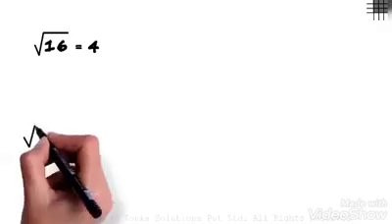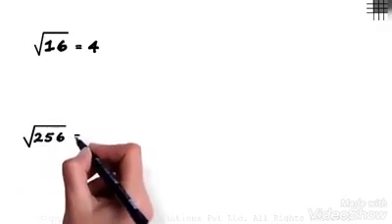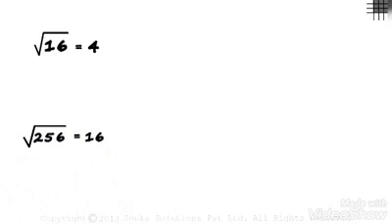Similarly, the square root of 256 is 16. If we square this, we will get this. Now let's try playing with these numbers. Let's try writing 16 in exponential form. We know that 16 can be written as 2 raised to 4.